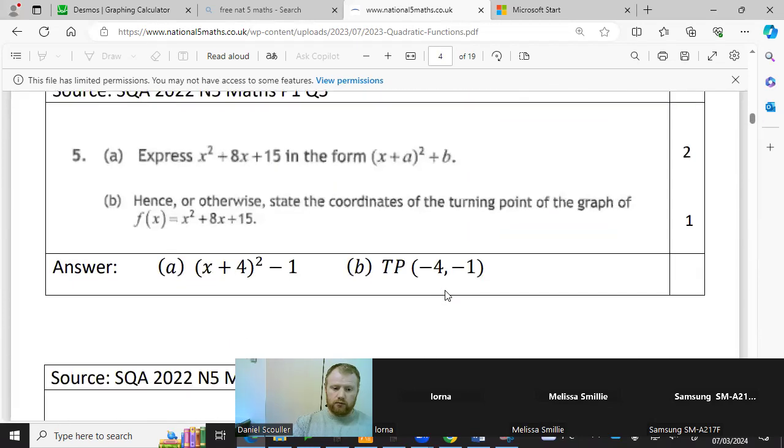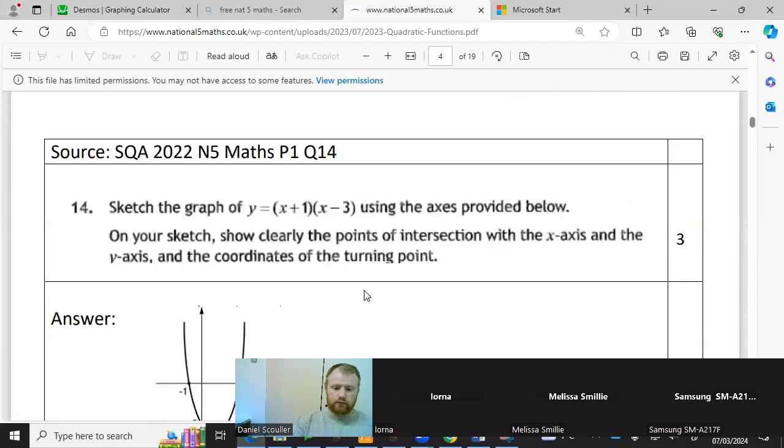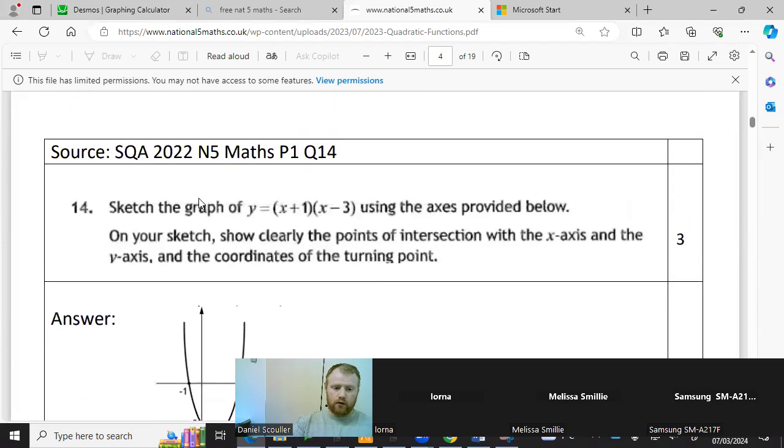Ignore that one. There's another one asking you to put it in that form. In 2022, they asked you to sketch a graph out.